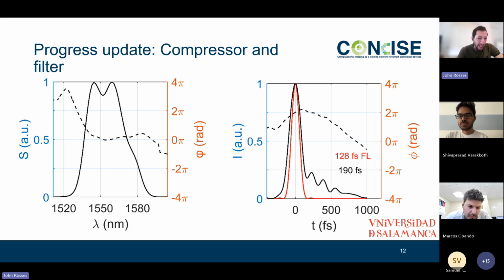So if we want an even shorter pulse, we have to add another nonlinear stage at the end to generate some kind of supercontinuum at this wavelength. And then we can compress again. And with that, in relation to the bandwidth we will have, we can compress even more. So this laser is similar to the Cyclone that Salva showed us before, but at a different wavelength.